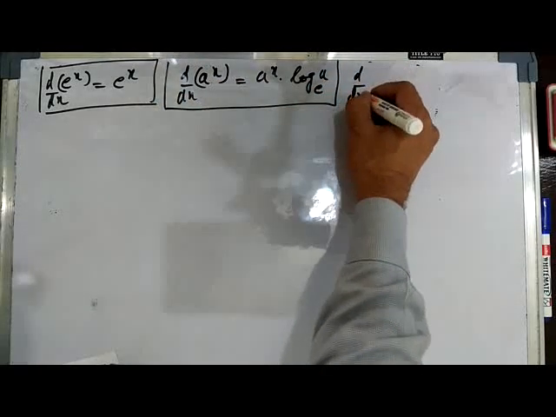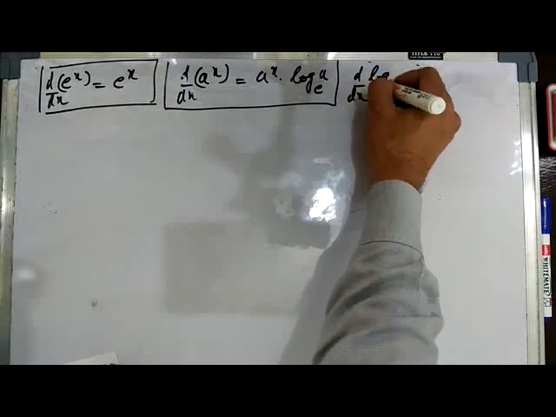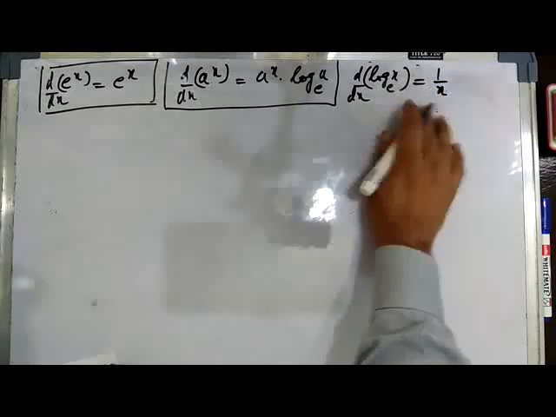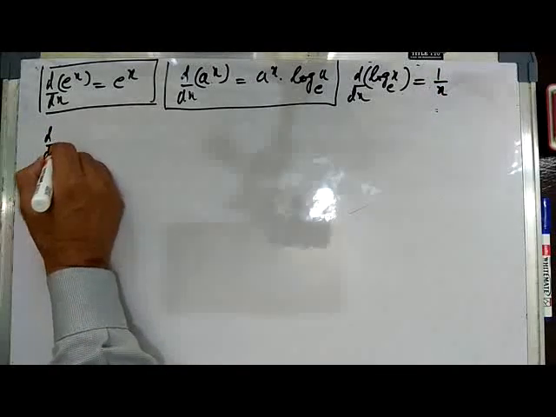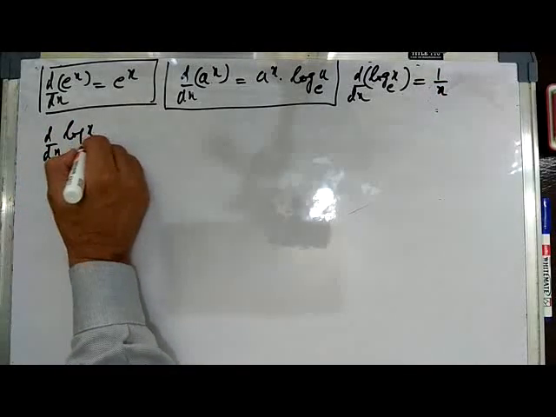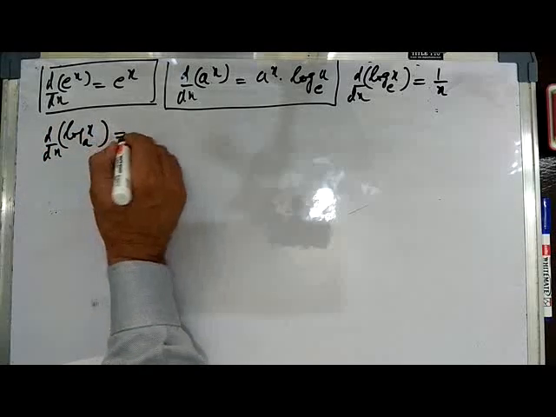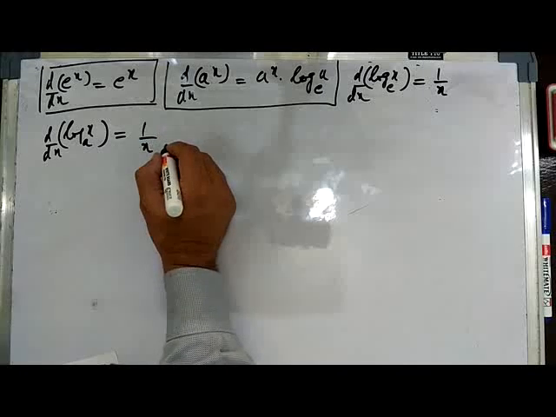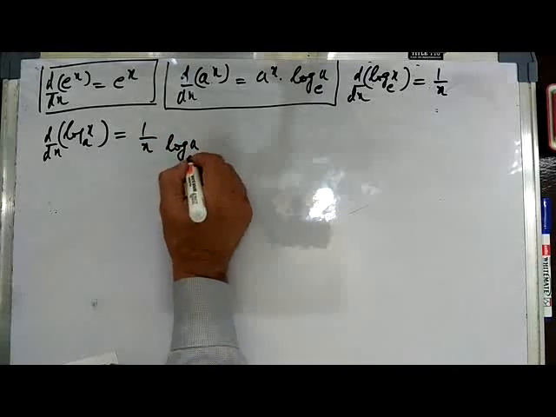And the differential of ln x, that means log x to the base e, is 1 upon x. And the differential of log x to some other base a is 1 upon x log a to the base e.